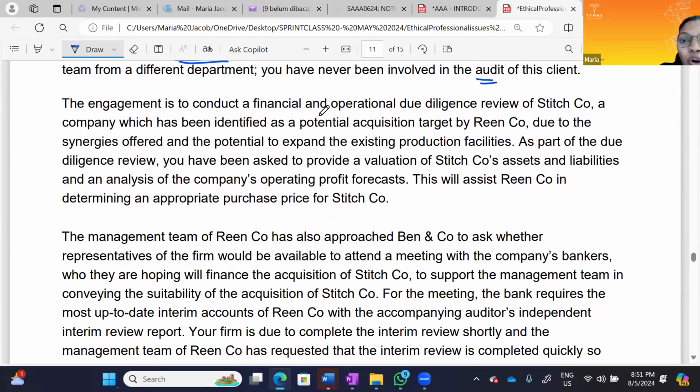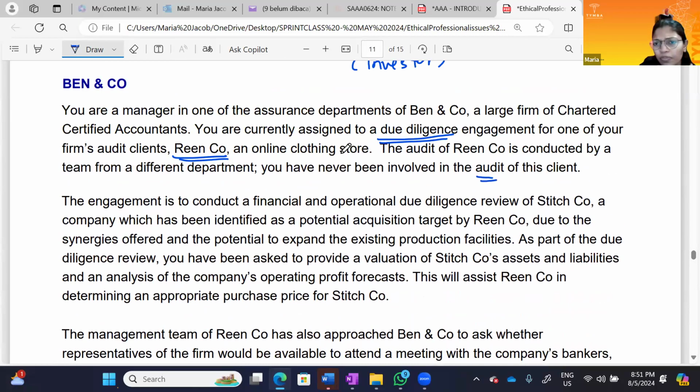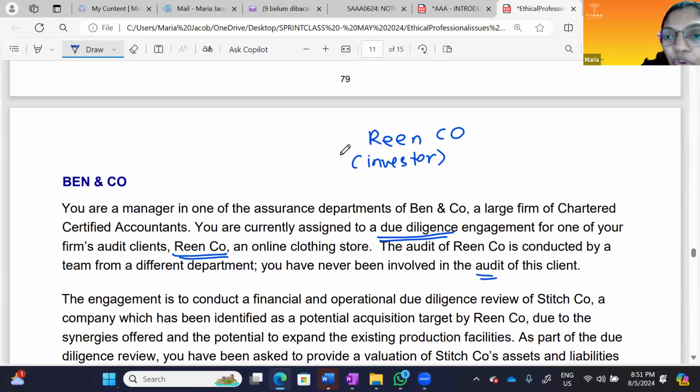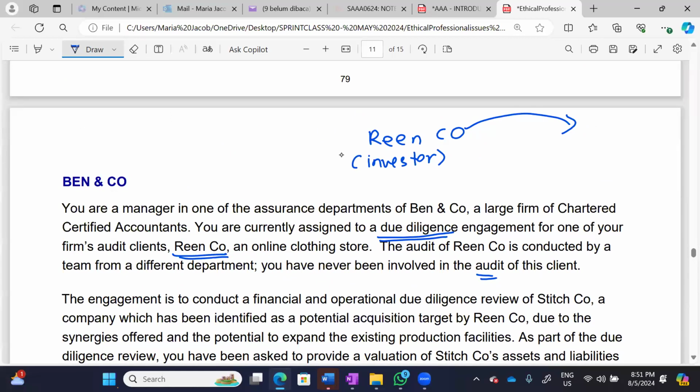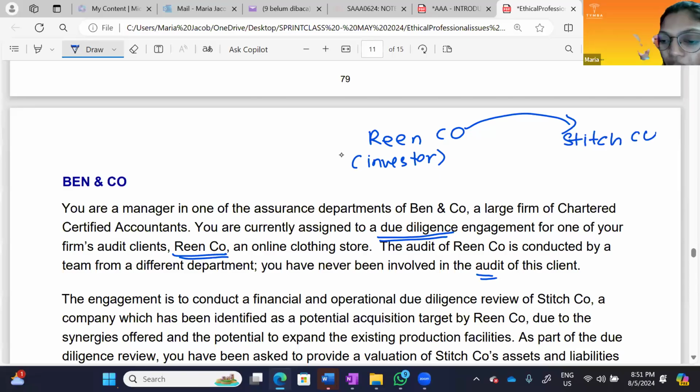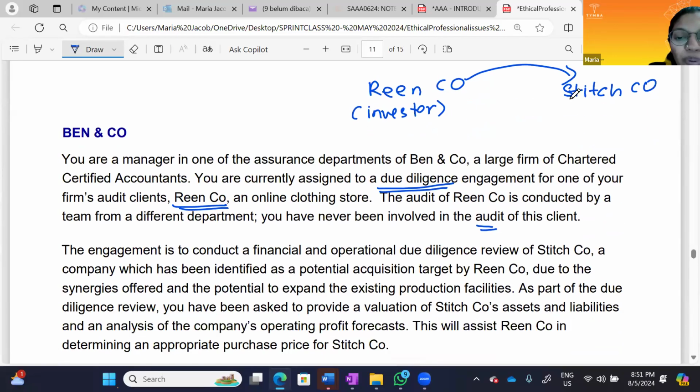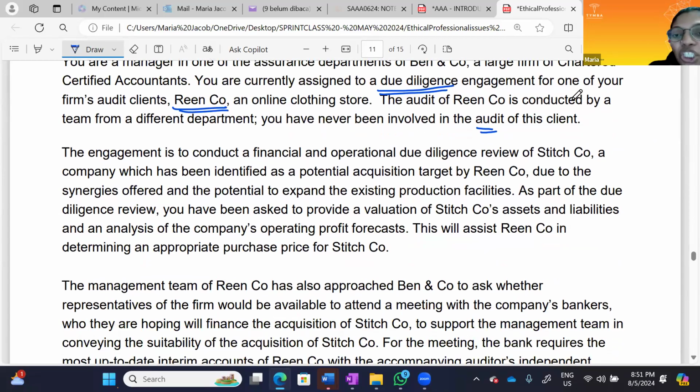The engagement is to conduct a financial and operational due diligence review of Stitchco. Rinco is planning to buy over Stitchco, a company identified as a potential acquisition target due to the synergy offered and the potential to expand the existing production facility.